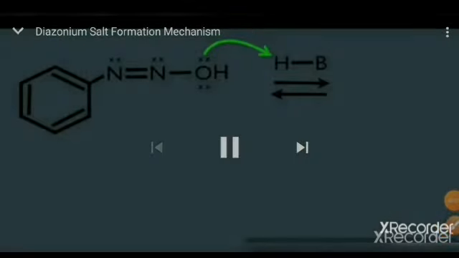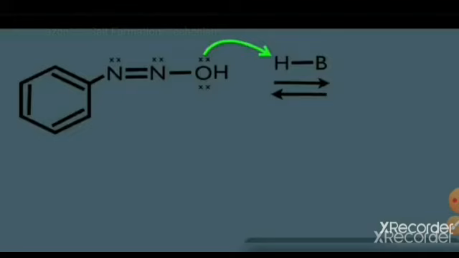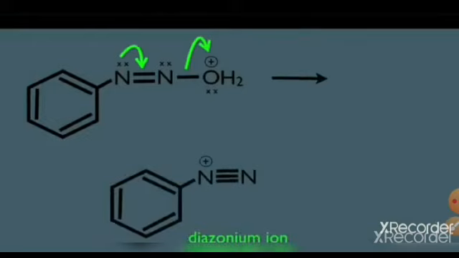Protonation takes place and OH is protonated and converted into OH2+, which is a better leaving group. As soon as it is converted into OH2+, the electrons from nitrogen again move between N=N, and it is converted into the diazonium ion.